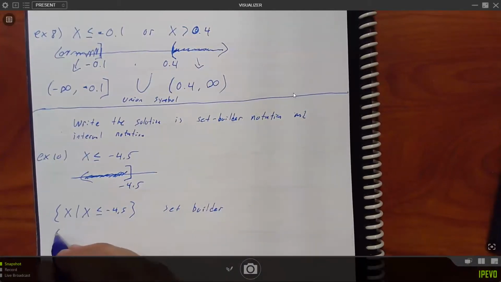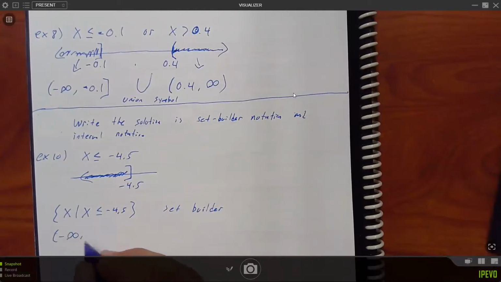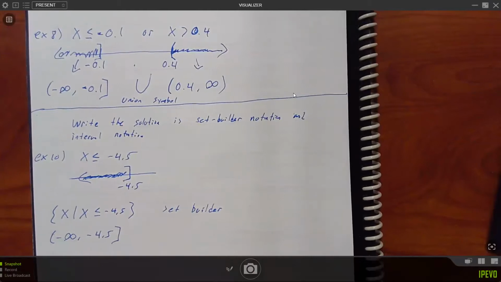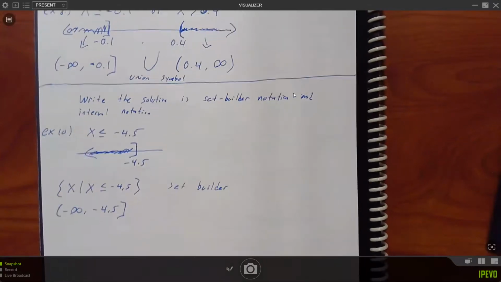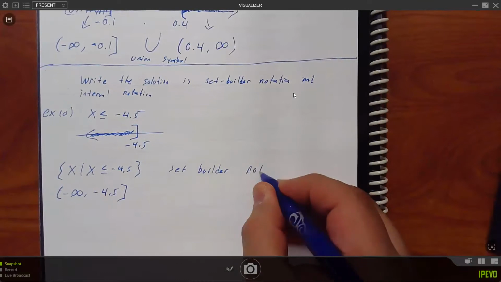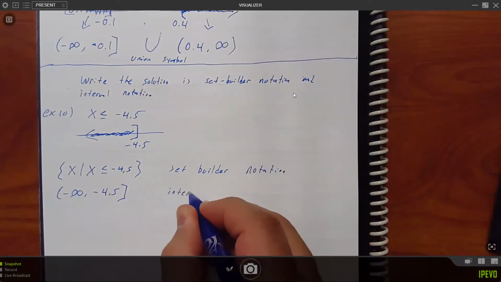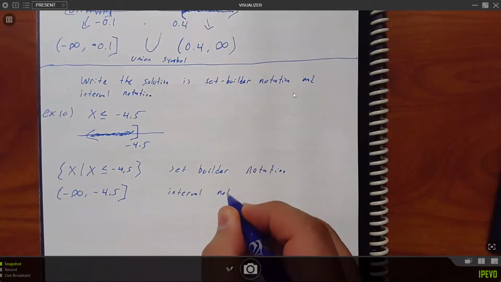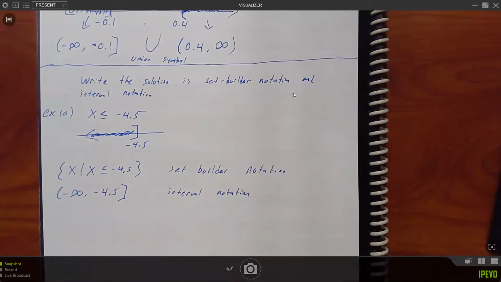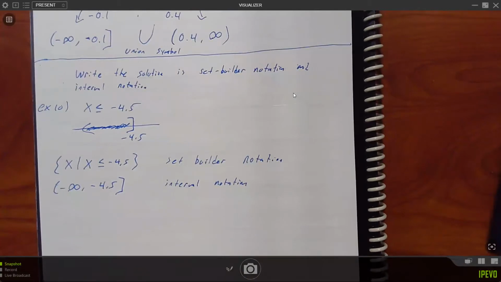And then the interval would be this one. Any questions on 10?